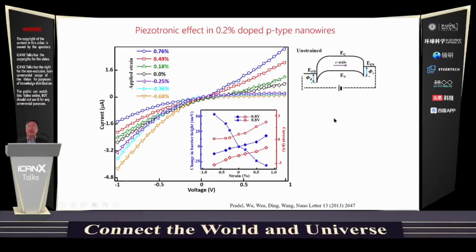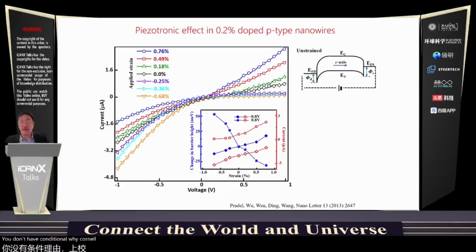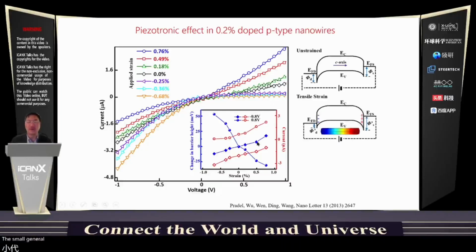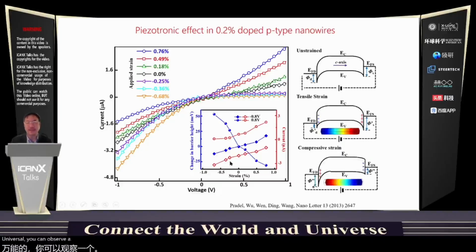So it doesn't matter if you are thin film, p-type or n-type, as long as you are a piezoelectric semiconductor, you have this effect. Therefore, it's a new physics effect. You don't have to call it nano. We first called it nano because we used nanowires, but now this is a more general, generic, universal effect. You can observe it in many systems.